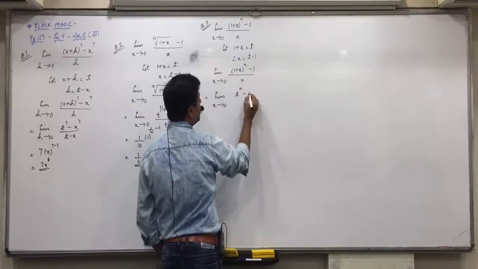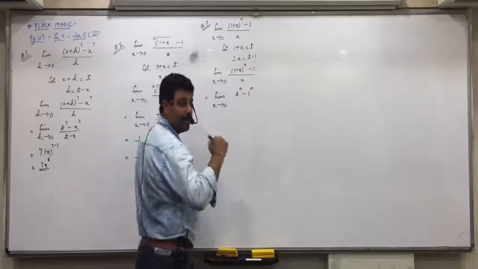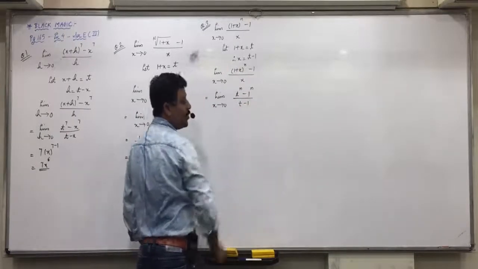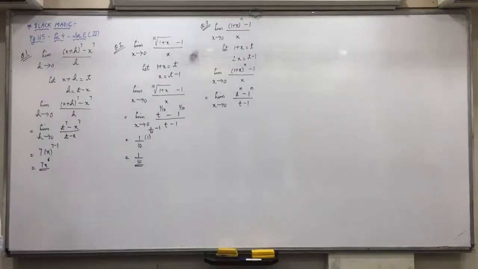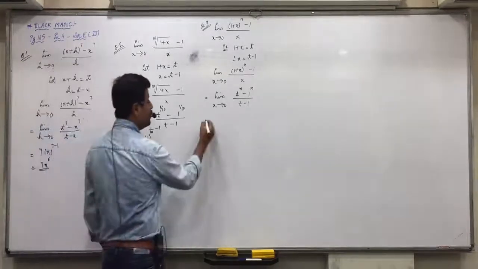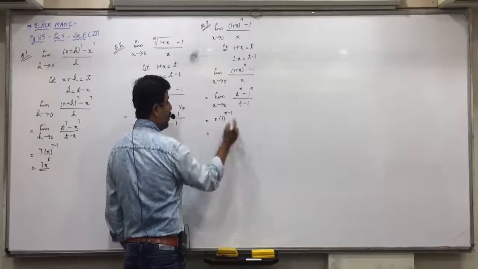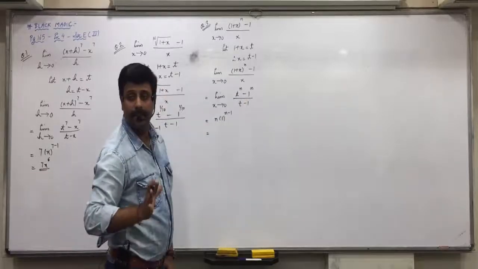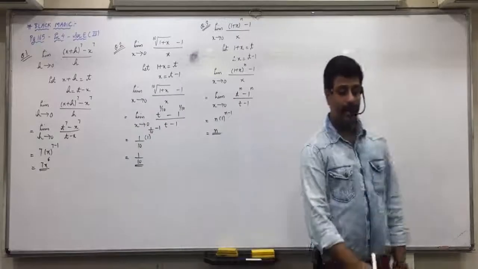So t raised to n minus 1 can be written as 1 raised to n, because 1 raised to any number is 1 only, upon in place of x also we will write t minus 1. Now it becomes in the magical order x raised to n minus a raised to n upon x minus a. So n into 1 raised to n minus 1, n is n, a is 1 raised to n minus 1. 1 raised to anything is 1, so 1 into n, that is n. Did everyone understand this?